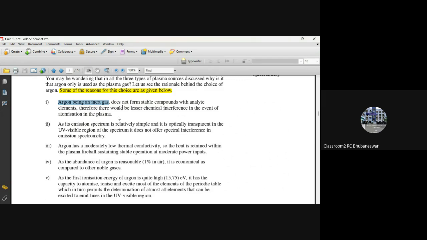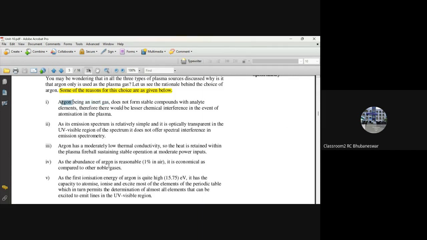Like in hospitals, you also have oxygen cylinders. Similarly, nitrogen gas cylinders and everything are available in the market also. For the purpose of research, whenever we need, we bring that argon cylinder or nitrogen cylinder, whatever you want to use.